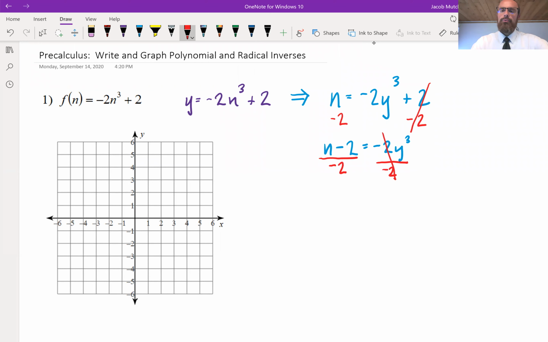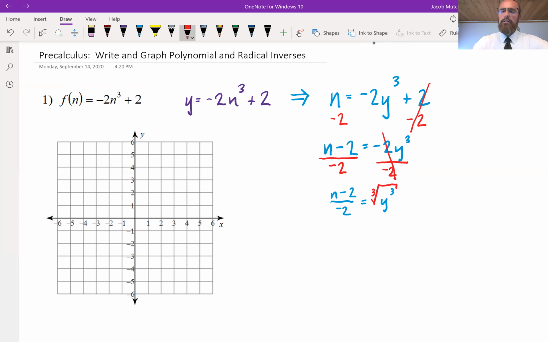expression n minus 2. At that point, what I've got is n minus 2 over negative 2 equals y to the power of 3. So the only thing left to cancel is the cube. The inverse function of the cube is the cube root.